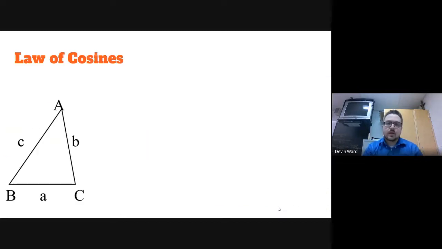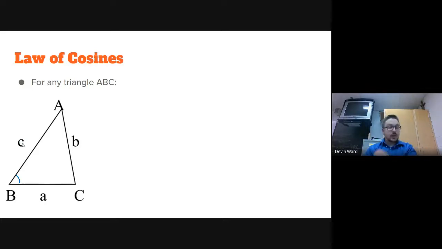Okay. So for any triangle ABC, like the one here, when we have the law of sines, we would know two of the same letter. So we would know either angle B and little b, or angle A and little a, or angle C and little c. Okay.